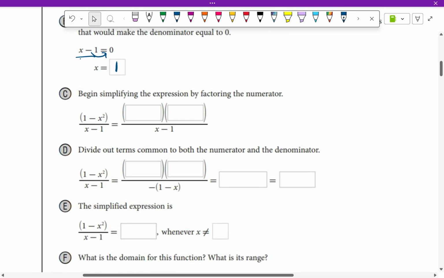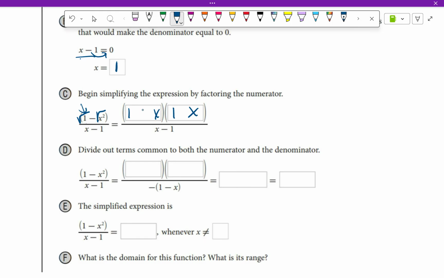All right, and then it wants us to start simplifying the expression by factoring. So what kind of factoring is this in the numerator here? Good, I heard it. Difference of squares, okay? What's the square root of 1? 1. What's the square root of x squared? X, make 1a and 1a. Negative, good.